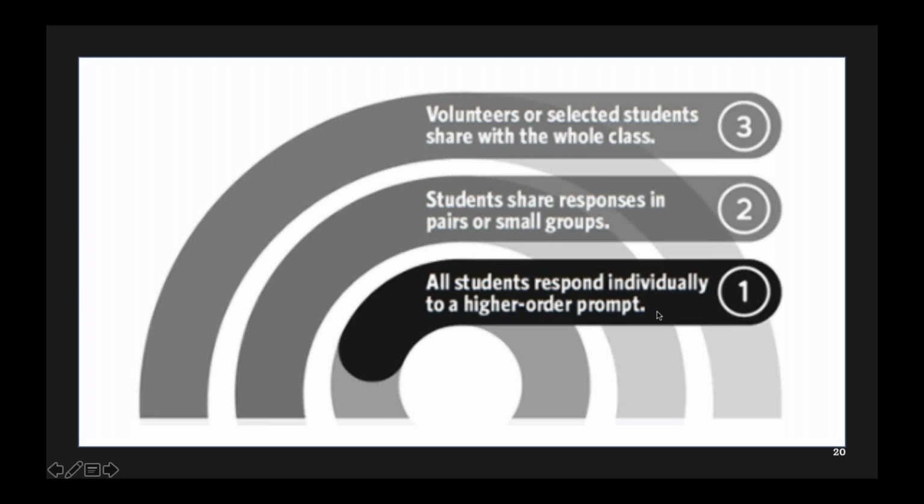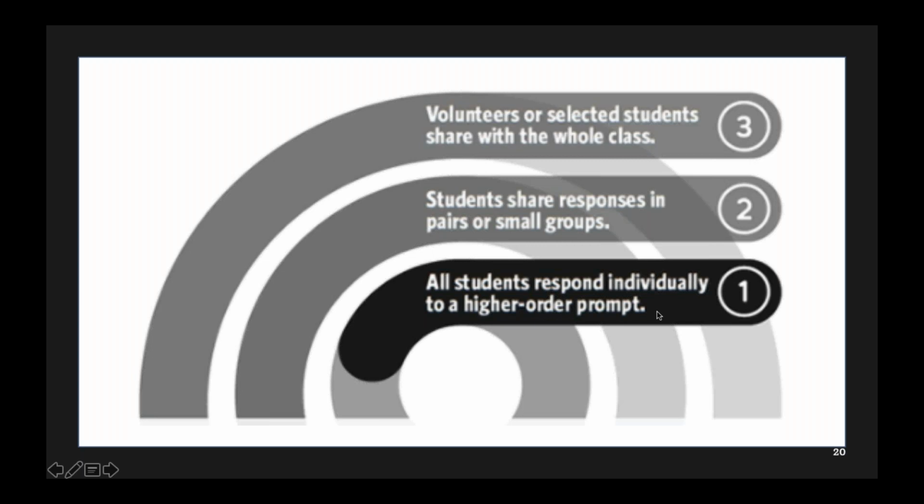In all of this process, I want to remind you of the concept of wait time. Educators need to recognize that everyone processes at a different rate. Wait time, according to the research of Mary Budd Rowe, is critical to allow all students the opportunity to process information and come up with a response.